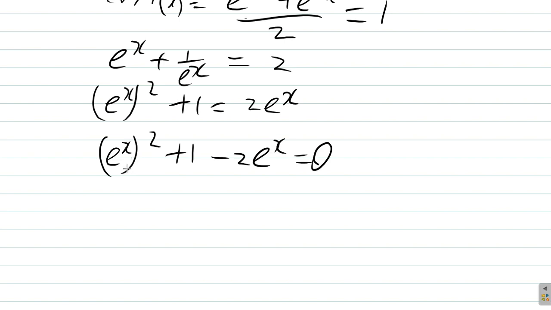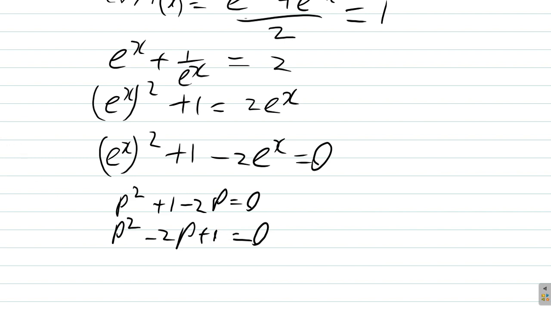Now, suppose we consider e to the x to be a letter, say p. p squared plus 1 minus 2p equals 0. Let's write it like this: p squared minus 2p plus 1 is equal to 0.